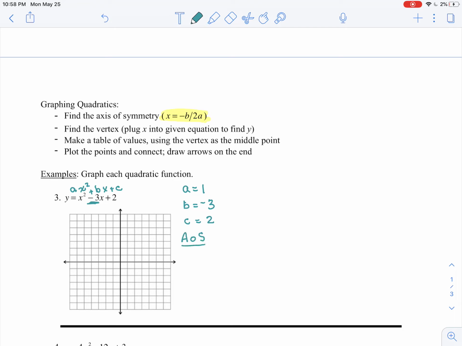Okay, we always start by finding the axis of symmetry first, and that has the formula x equals -b over 2a. So for this one, x equals the opposite of b, which is -3, over 2 times a, which is 1.